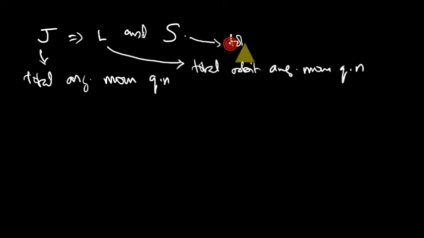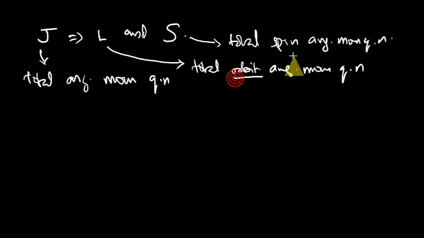This is the total spin angular momentum quantum number. Okay, this is orbital, this is spin, and this is the total of both. So the total angular momentum quantum number is related to L and S, like J is equal to, here also you can use the Clebsch-Gordan series.